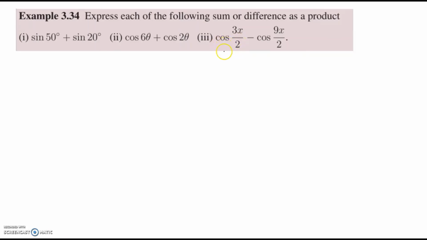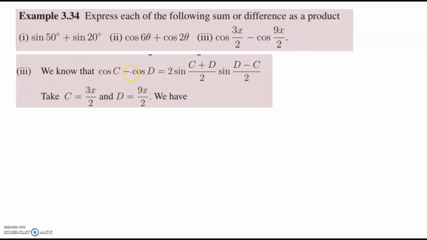Question number 3. To express this as a product, which is cos 3x by 2 minus cos 9x by 2. So we know cos C minus cos D is equal to 2 times sine((C plus D) by 2) into sine((D minus C) by 2). So let's take our C as 3x by 2 and our D as 9x by 2.